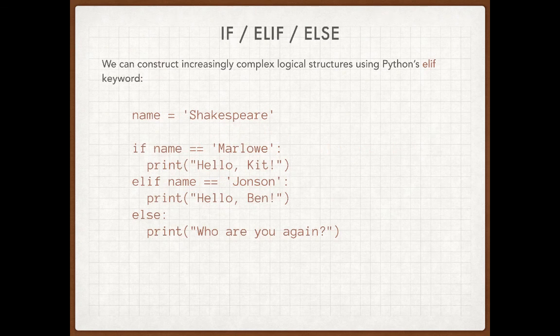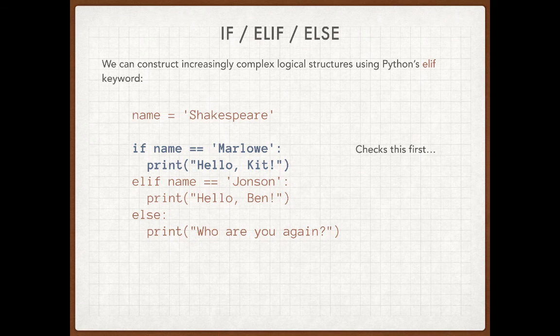We can create increasingly complex logical structures, and Python has an elif keyword. You'll notice that it's actually else if, but we take out a couple of the letters, and so Python calls that elif. This is a more complicated structure, but you can kind of see how that's going to function.